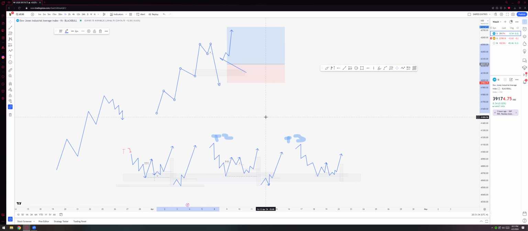Okay. Multiple touches will not invalidate it, right? I didn't get that. Can you repeat that again? Like if the order block has multiple touches, like multiple times the price is testing that order block. No. That's what I said before.